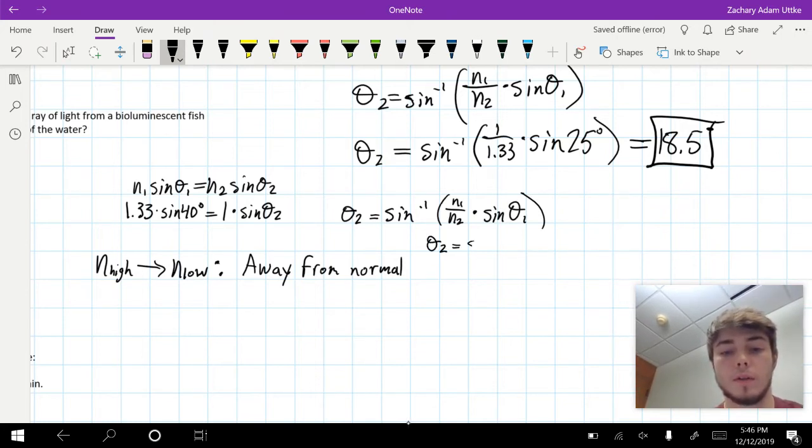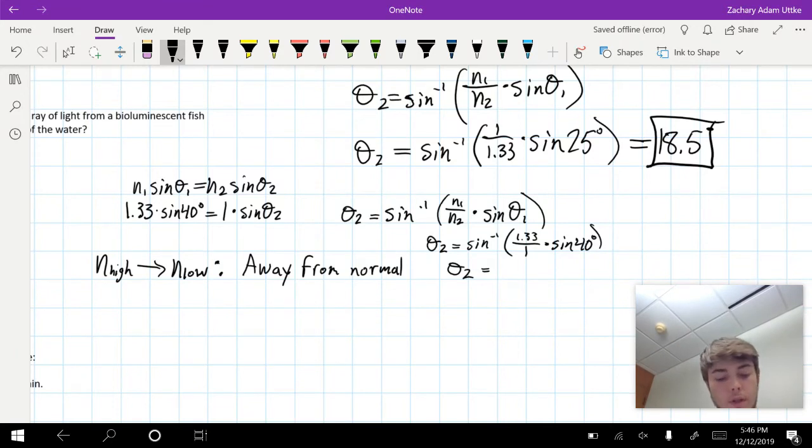Theta 2 equals the sine inverse of n1, so this time 1.33, divided by 1 times sine of theta 1, which is 40 degrees. Okay, and let's see what our calculator gives us. So sine of 40 times 1.33 and sine inverse of that value.